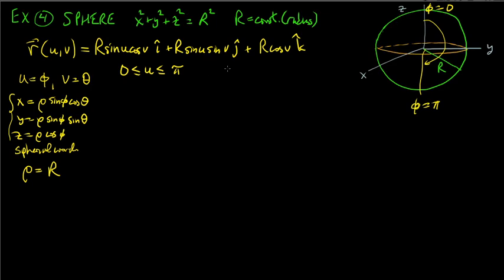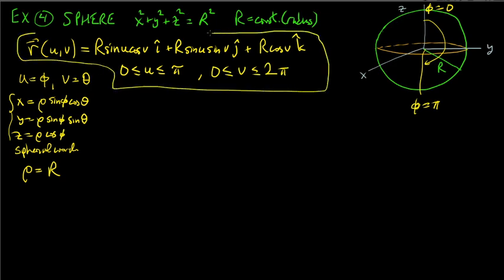So that means v, which is theta, would go from 0 to 2 pi. That gives us the parameterization of the sphere. Okay, remember, r is a constant here. This is constant rho, right? I mean, if we want a sphere with a different radius, we would use a different r, different rho, right?